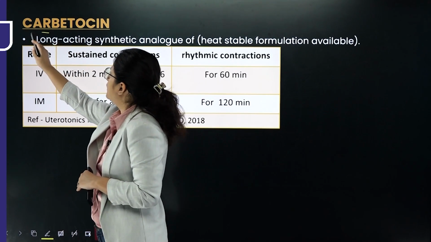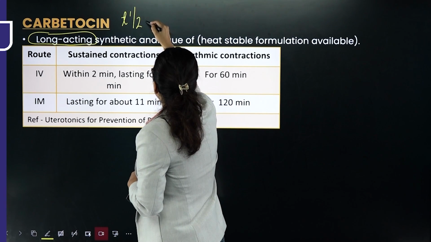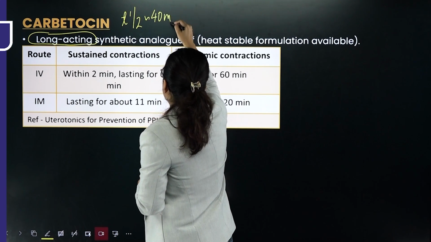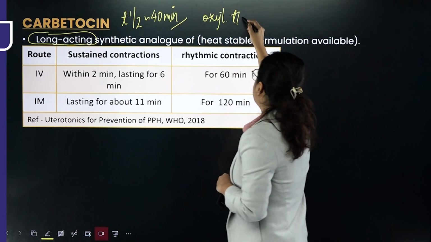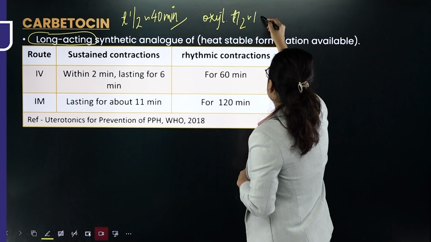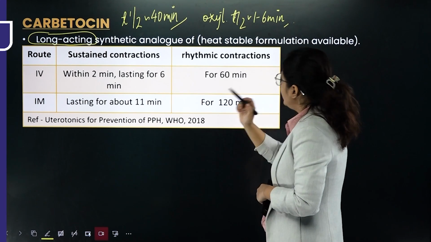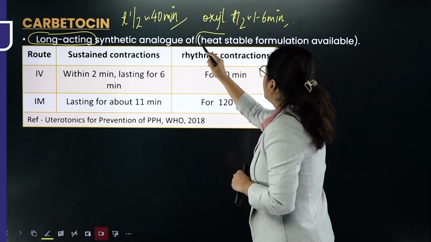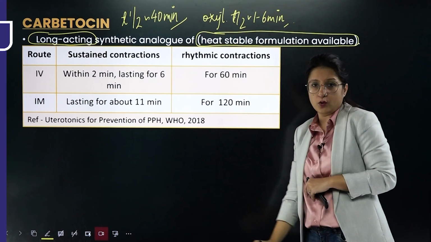That is the most important point to note about this. Carbetocin has a half-life of about 40 minutes, as compared to oxytocin, which has a half-life of about 1 to 6 minutes. Okay. And nowadays, yes, the heat stable formulation of carbetocin is also available.